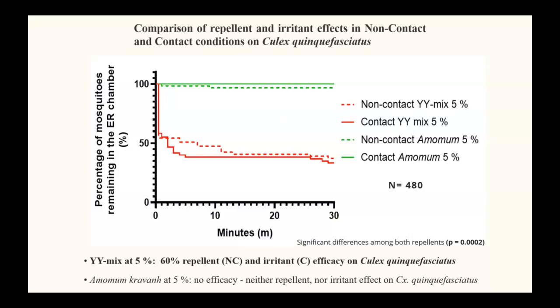So you can see that for YY mix at 5%, we have 60% repellent and 60% irritant efficacy on Culex fasciatus. Concerning Amomum cravan, this time we have no efficacy shown, neither repellent nor irritant effect.